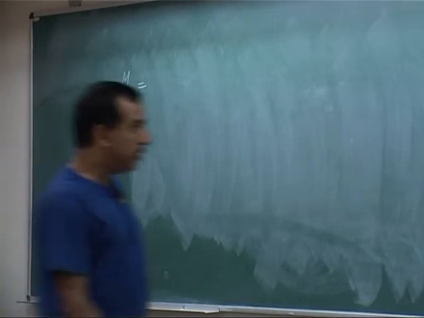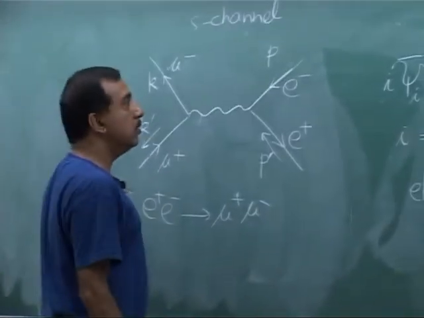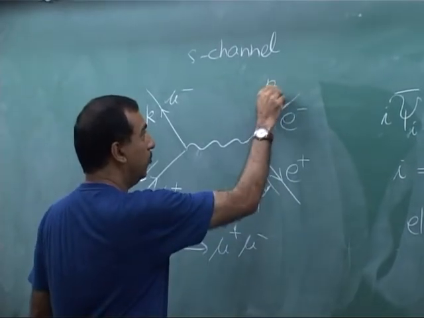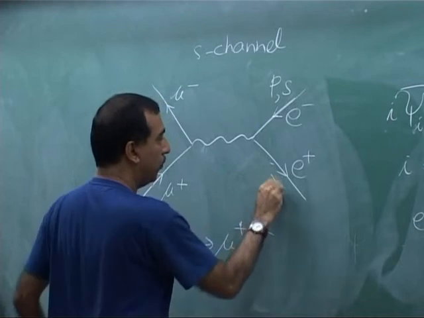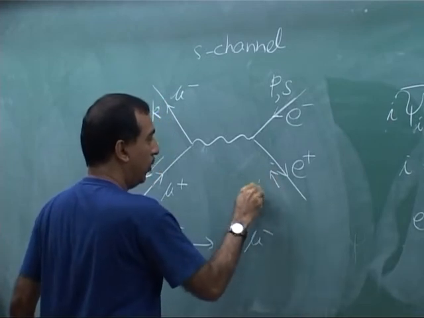So M is equal to... okay, so now I need to also specify the polarizations of all the external particles. So in addition to momentum, I should give a spin label. So I'll give the obvious one, p prime and s prime.